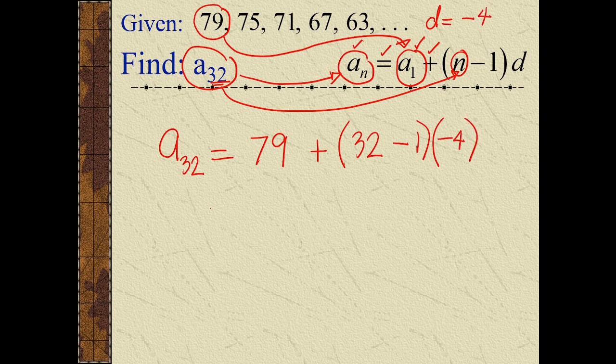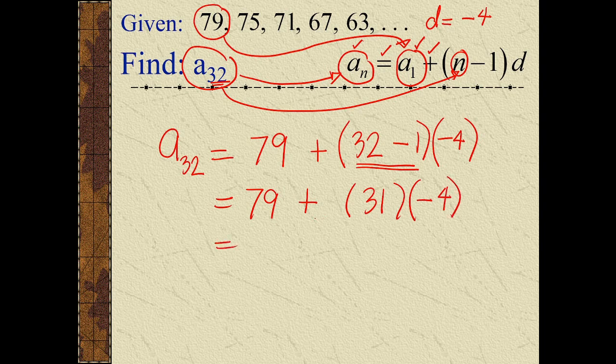So I'll be having 79 plus 31. You subtract the 1 first inside the parenthesis, times negative 4. Now, what is 31 times negative 4? So 79 plus, that will give us how much?